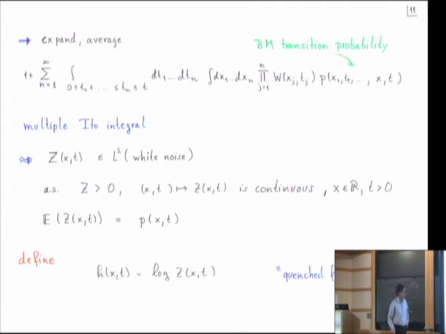And then from this, you can conclude that this object is strictly positive, almost surely. It has continuous sample paths, and when you compute the expectation of this object, you just find what you might have thought before, namely, it's just the Gaussian transition probability for a Brownian motion.